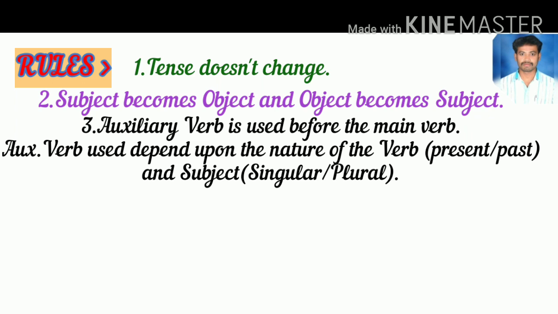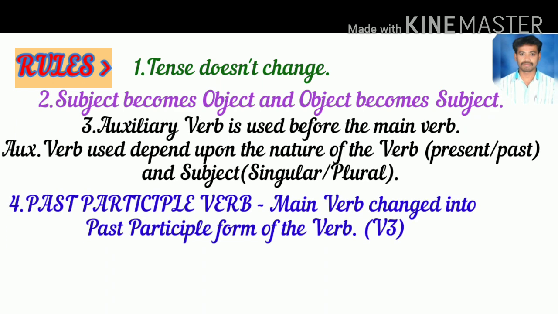And the nature of the subject, that is, singular or plural. Like that we observe the subject, and then we write the modal auxiliary verb, especially the be form auxiliary verb.